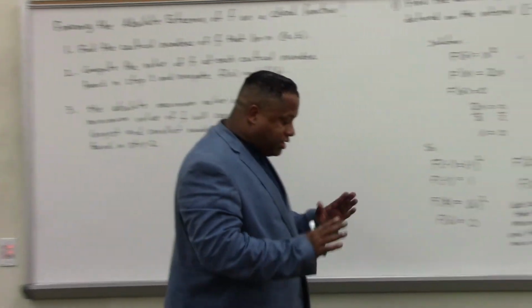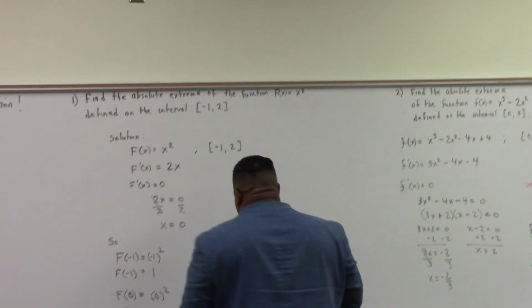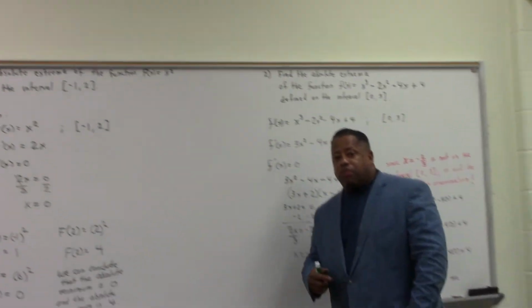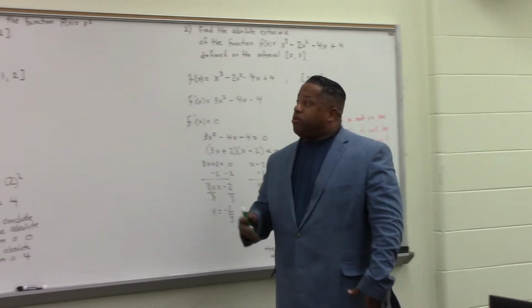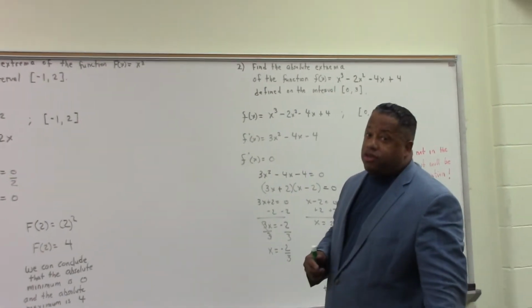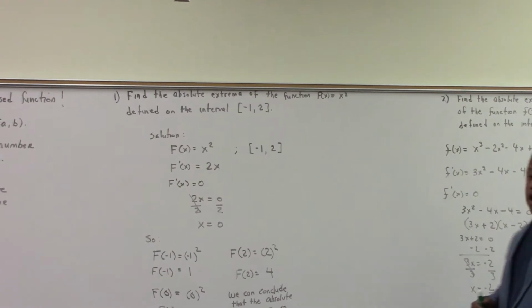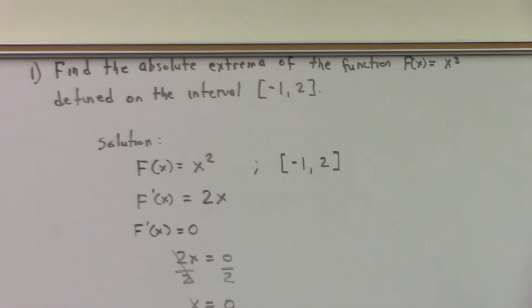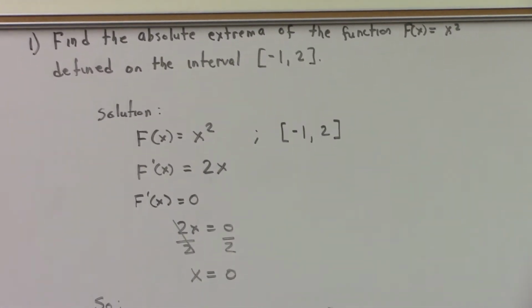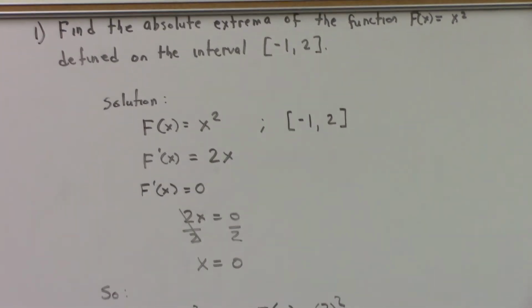Now, let's look at an example. I also want to say that the absolute extremas also deal with optimization, and we'll be talking about the optimization of problems dealing with observation 1 and observation 2 of the absolute extremes.